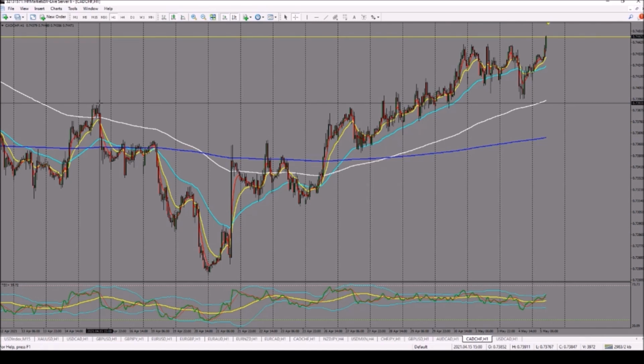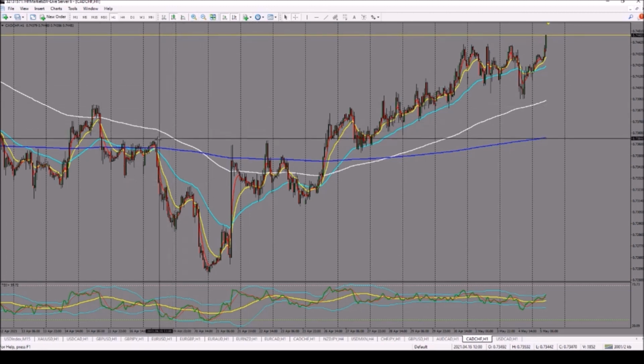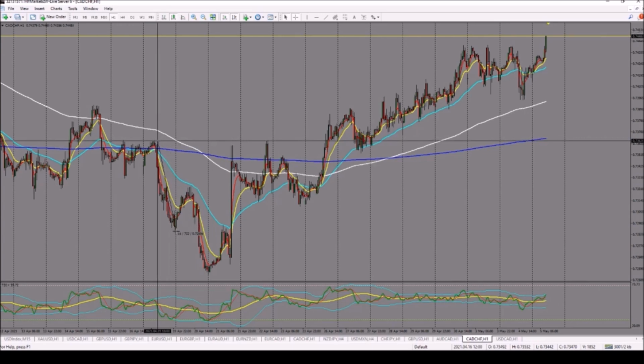So from this point we can see that wave number 1 had 61 pips. Then wave number 2 had how many pips? 73 pips, right? 61 from wave 1, then plus 73 from wave 2, we get 134 pips.